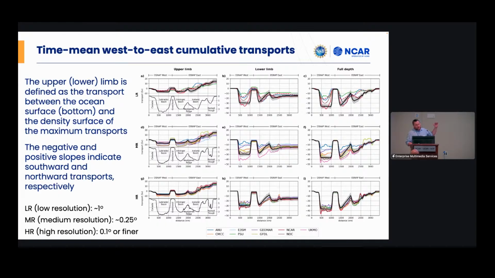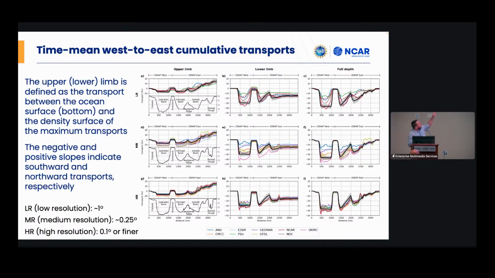So this is an overview of the OSNAP transport. Now you can think of it as a stream function again, except that the summation is happening from the west side to the east side, from Canada all the way to the UK. It's the same ordering: low resolution at the top, medium resolution in the middle, high res at the bottom.